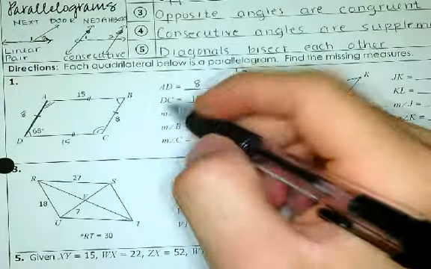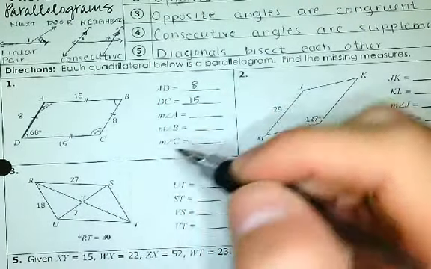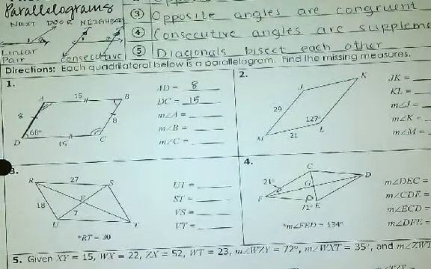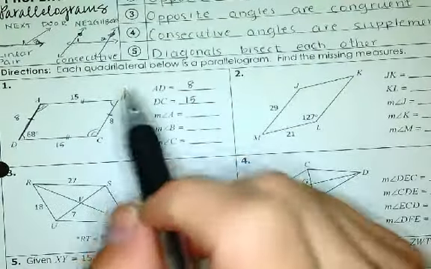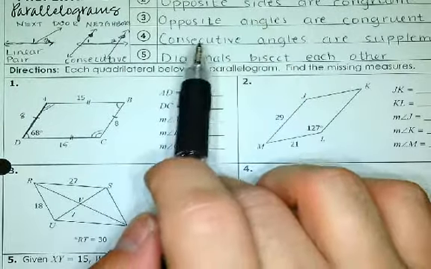Angle A. Okay, this is a tricky one. How are we going to figure out angle A? The only angle that they gave us is D. Remember, rule number 4, consecutive angles are supplementary.